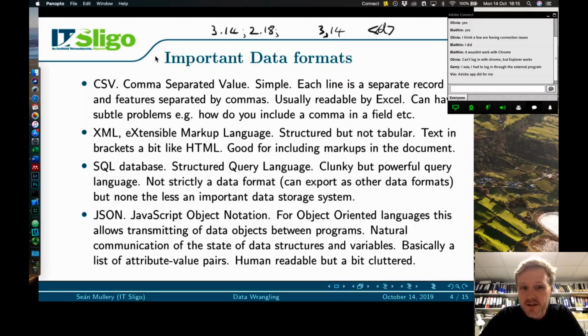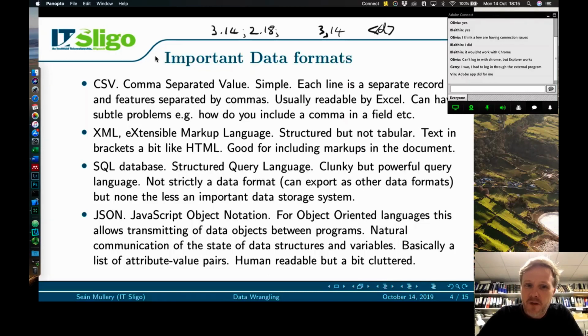Another one then is JSON, which stands for JavaScript Object Notation. You might assume then that it only works with JavaScript, but actually that's not the case. It works in Python and a lot of other object-oriented languages as well. It's basically used for object-oriented languages, and it allows for transmitting of data objects between programs. So natural communication of the state of data structures and variables is very useful for that.